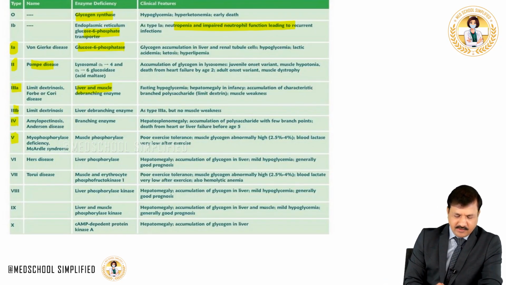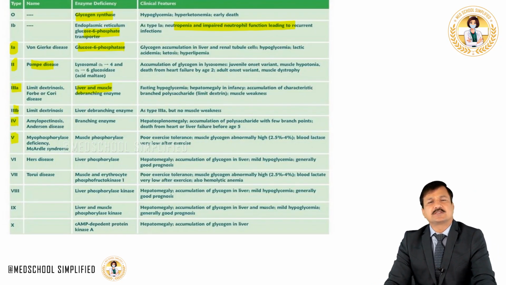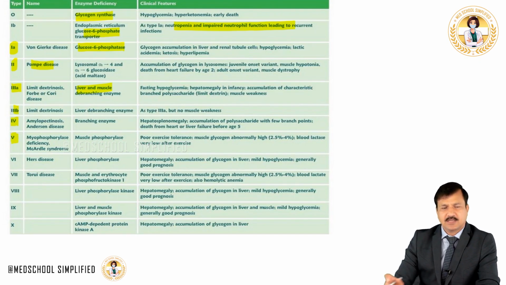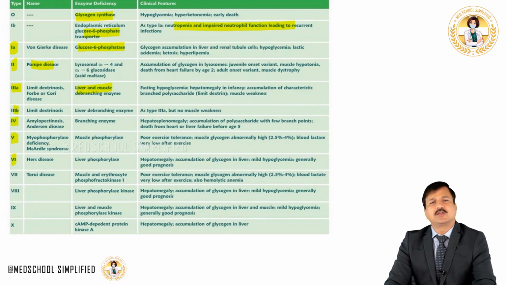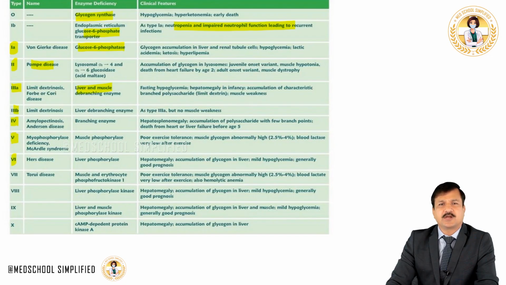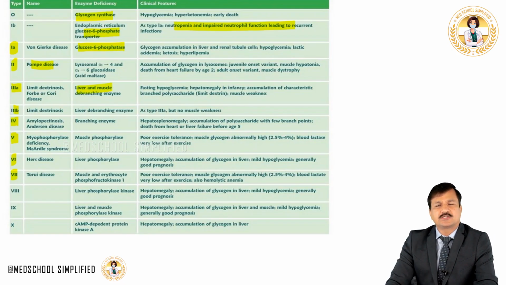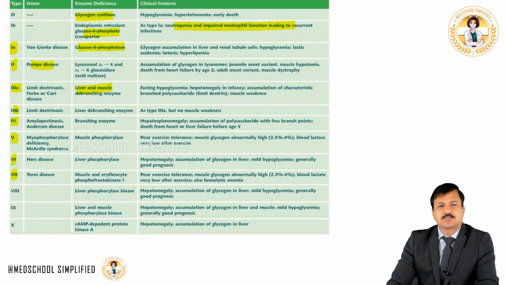Then type 5 glycogen storage disease is McArdle's disease, and that's because of muscle glycogen phosphorylase enzyme deficiency. Type 6 is Hers disease because of liver glycogen phosphorylase enzyme deficiency. Type 7 is Tarui's disease, because of deficiency of muscle phosphofructokinase and erythrocyte phosphofructokinase.